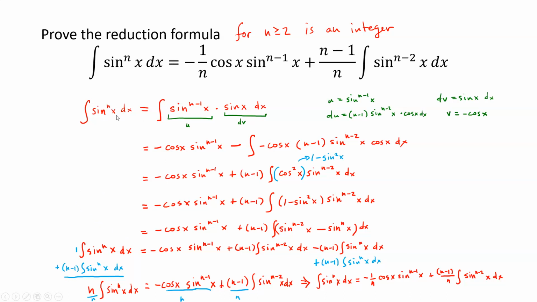For instance, here, the first thing I did was I split up those two factors, so I split off one factor of sine so that I could apply parts. Another trick was here, I rewrote cosine squared as 1 minus sine squared.